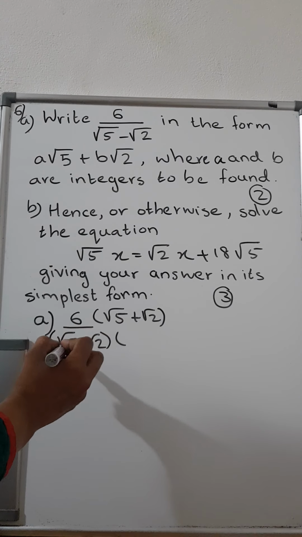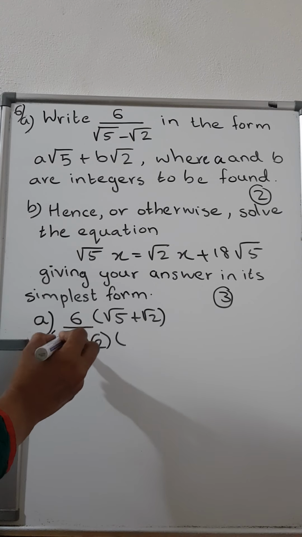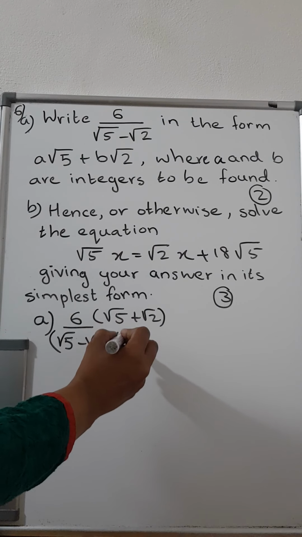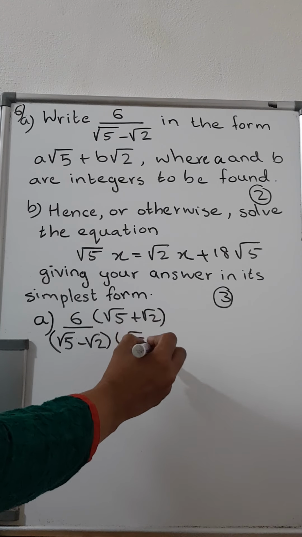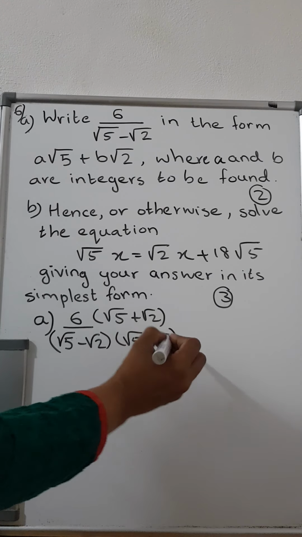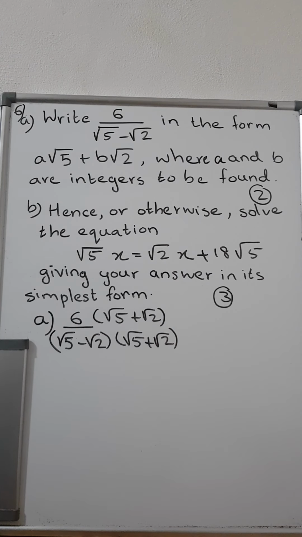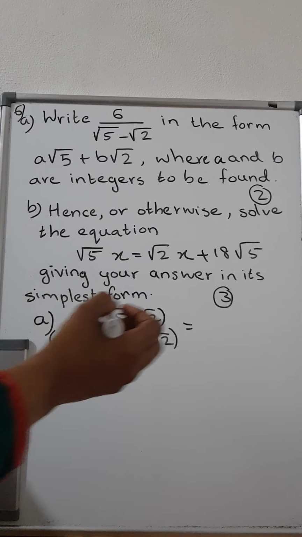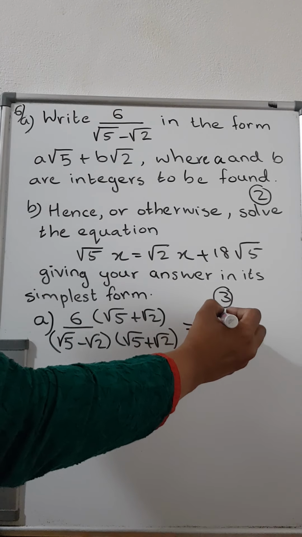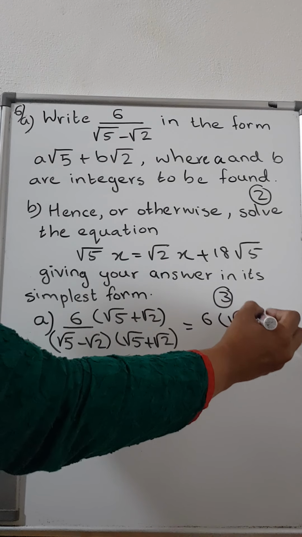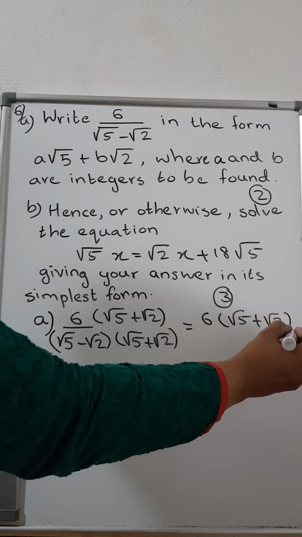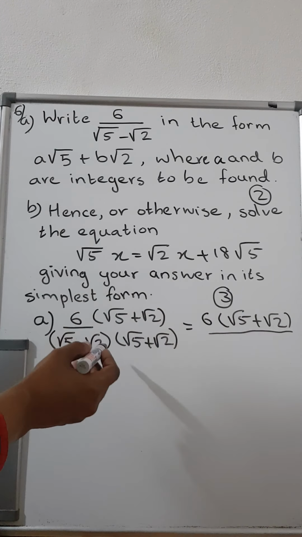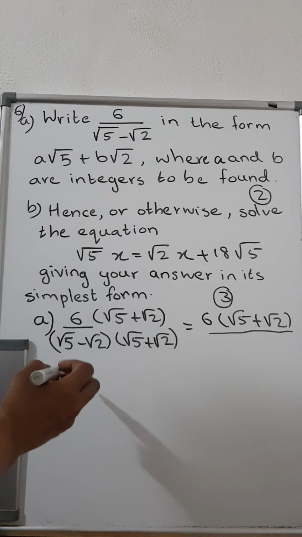Here it is root 5 minus root 2, so we have to multiply with root 5 plus root 2. So we will get 6 times root 5 plus root 2 divided by, bottom we can use difference of two squares.